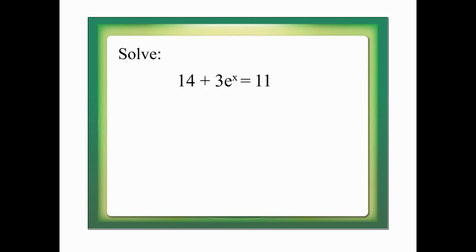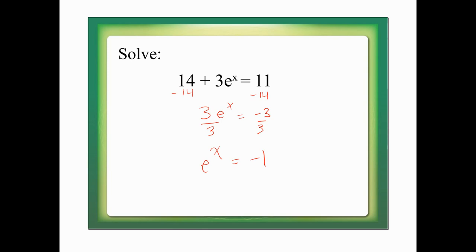The next problem, same thing. We're going to isolate e to the x. So I subtract 14. I get 3 e to the x equals -3. Divide by 3. And I'm wondering if anyone has an idea of why this might cause us some issues. So I'll give you a minute to look at this.